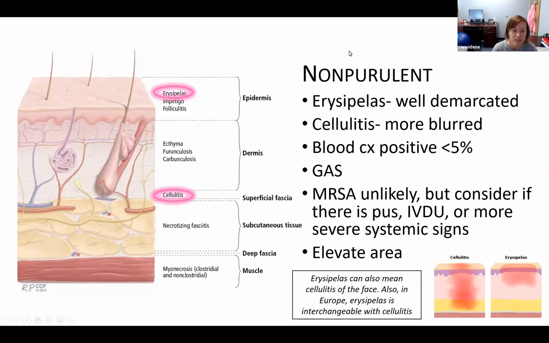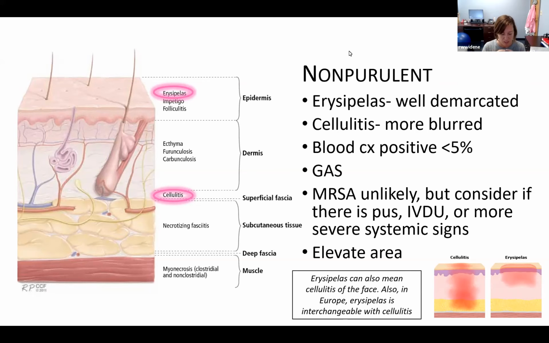Okay, non-purulent things: your erysipelas and cellulitis. P.S. Some people around the world use these two terms interchangeably, so if you're confused about the difference, don't worry. They're basically the same. Erysipelas is more superficial and cellulitis is a little bit deeper.